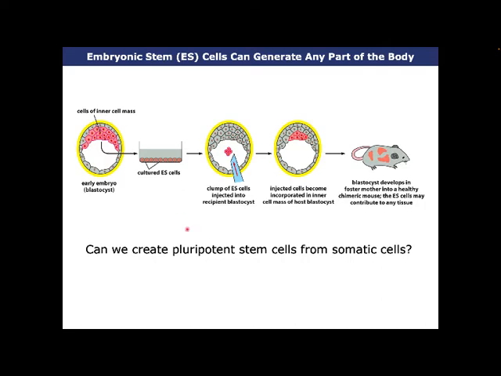And if we can create the pluripotent stem cell from somatic cells, such as skin cells or blood cells, easily, that actually removes all the ethical consideration to generate the patient-derived, individual-derived embryonic stem cell.